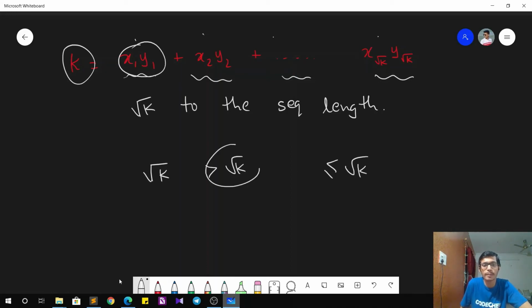Not all of them can be greater than root k, because then the sum itself exceeds k, right? So this is our final observation that is going to optimize our n square dp solution even further down.